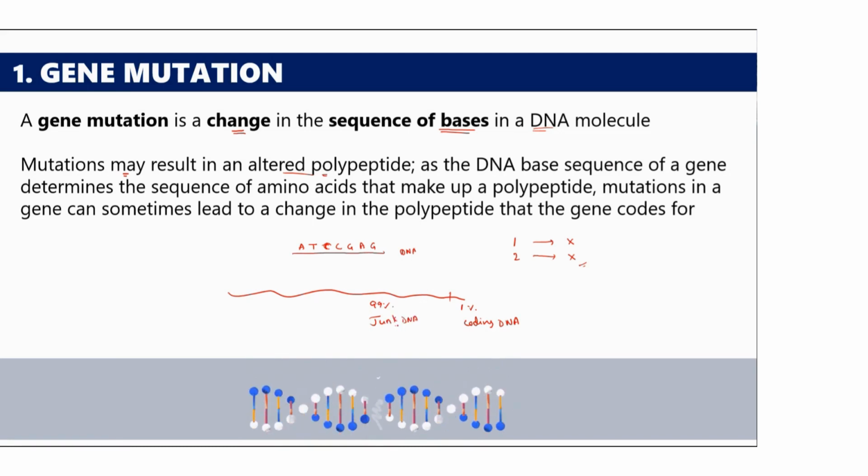So what does the junk DNA even do? Junk DNA keeps you safe. If you were coding this entire DNA, including the junk DNA, the chances of mutations affecting you would be higher. If any mutation happens in any of these junk sites, it is not going to affect us in any way.